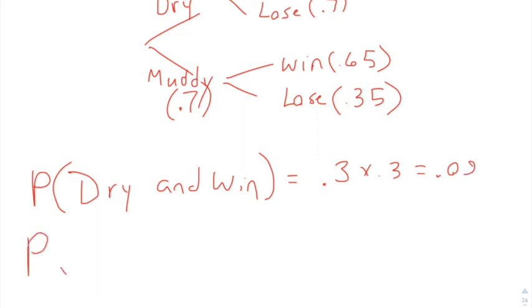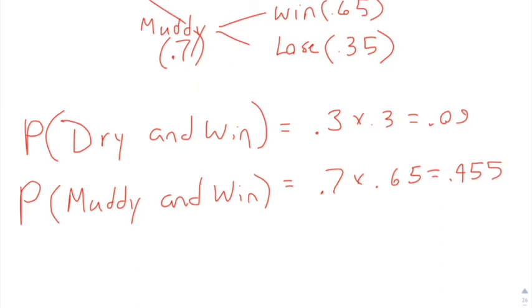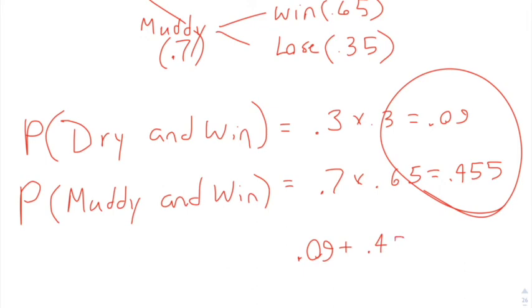And then the probability that it is muddy and that they win: 70% of the time it's muddy, and they win 65% of those. That, for whatever reason, is not punched out on my notes here, so let me do that: 0.7 times 0.65 is about 0.455.